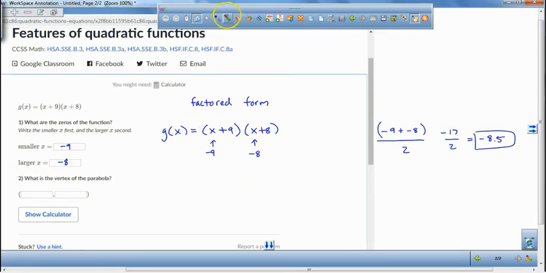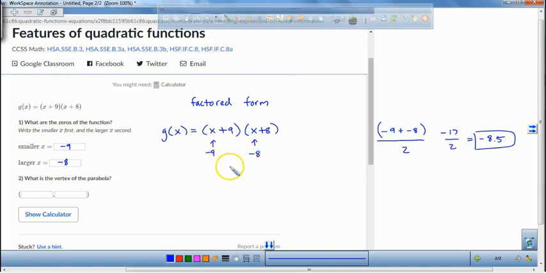Okay? So, what am I going to do now? Now that I have my two zeros, which is negative 9 and negative 8, I'm going to take that negative 8.5 and I'm going to plug it into our equation. So I'm going to put negative 8.5 right there, negative 8.5 plus 9, negative 8.5 plus 8.